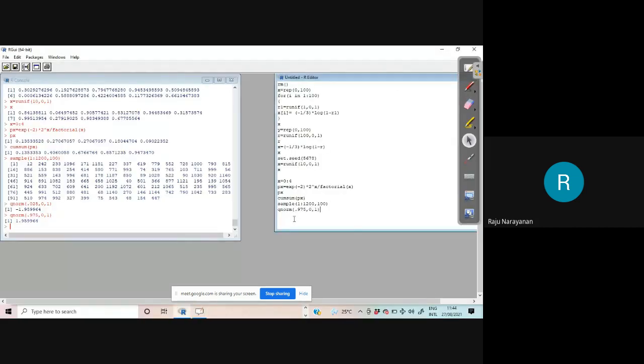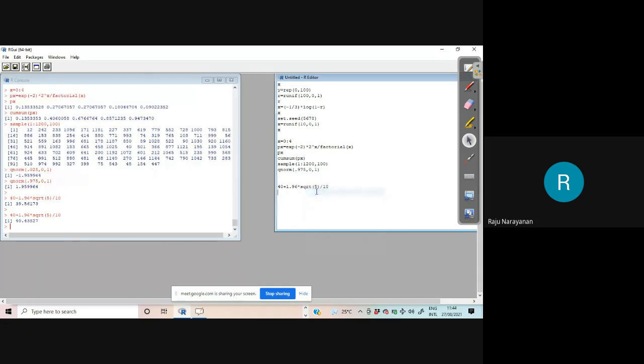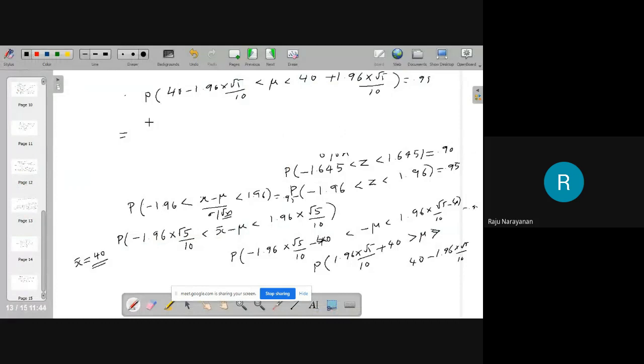This value is 39.56. Next value is 40 plus 1.96 into root 5 by 10, that is 40.44.